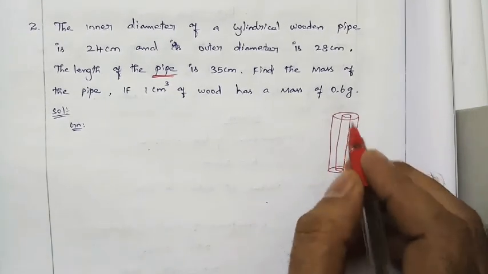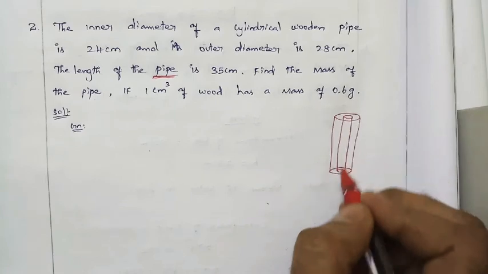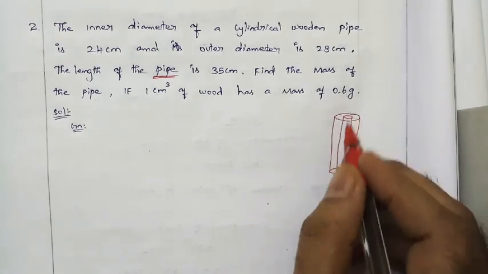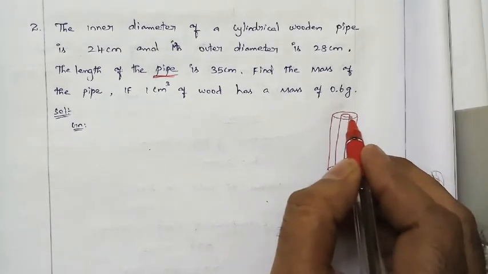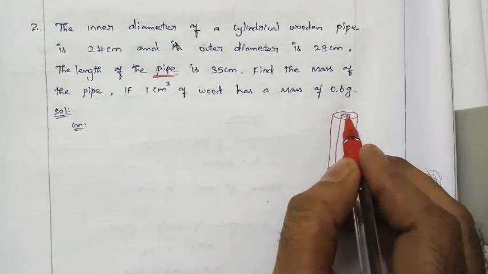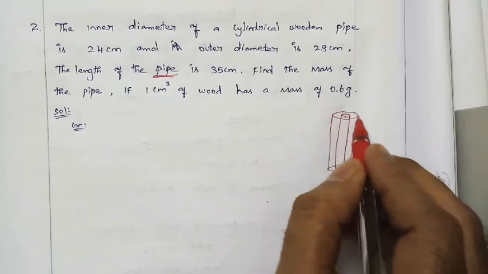And this is nothing but the pipe. Water or whatever it may be flows inside the pipe. And this is nothing but the thickness of the pipe. This is the inner cylinder, and this is the outer cylinder.